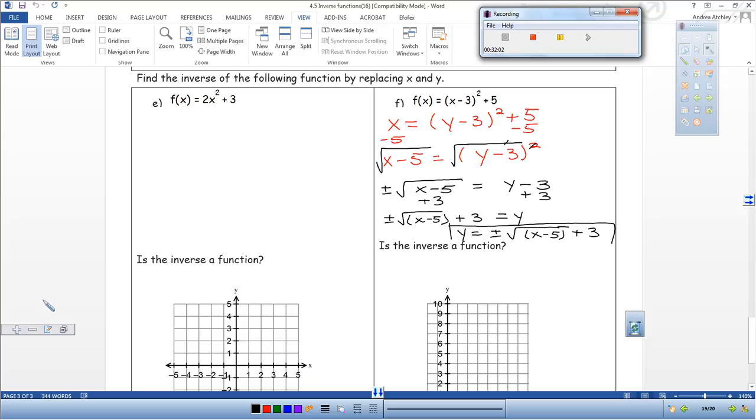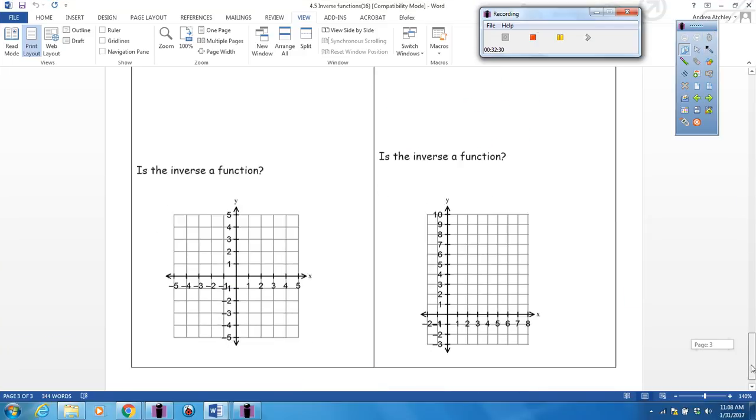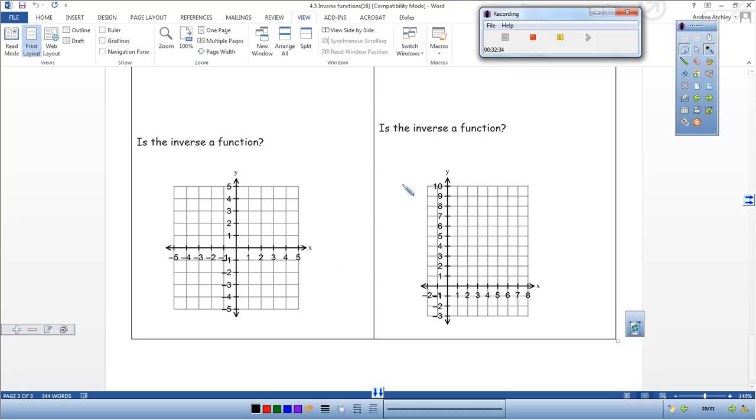Okay. Okay, so now I'm going to go back and graph. So again, we need the vertex. So now, what's the vertex of our original equation?